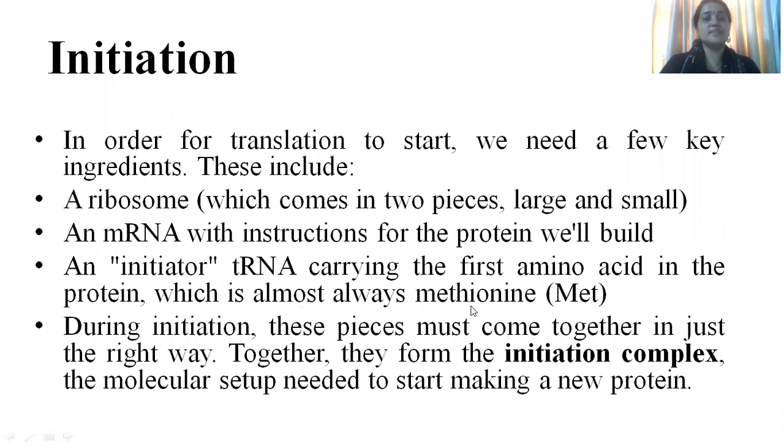is almost always methionine. Here I want to clear a very important thing: in bacterial cells, a modified activated tRNA is present, known as fMet tRNA, which means formyl methionine tRNA.